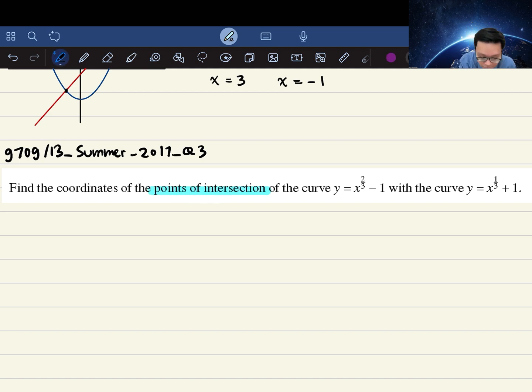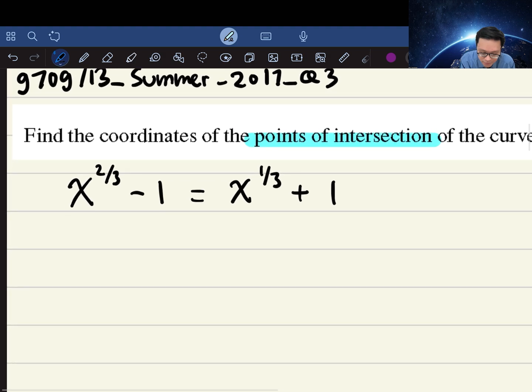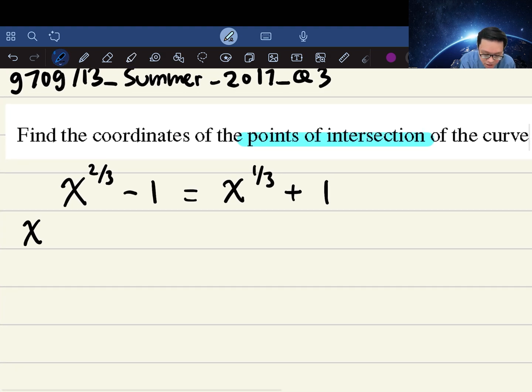So here we have 2x^(2/3) minus 1 equals x^(1/3) plus 1. From here, we can simplify the equation first. We collect all of the terms on the left side: 2x^(2/3) minus x^(1/3) minus 2 equals 0.